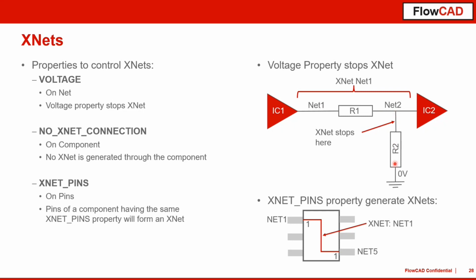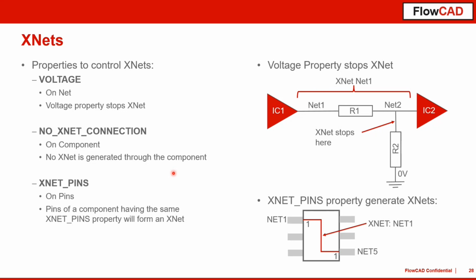Now if you have, for example, a pull-down resistor, a second resistor here to the ground net, basically a huge XNet would be generated, also including this ground net. And this doesn't make any sense from an electrical point of view, because you want to constrain, for example, propagation delay from the driver to the receiver just through this line here, through this XNet. That's why the voltage property is stopping the XNet generation, which makes perfect sense. So this is the first thing you have to keep in mind here.